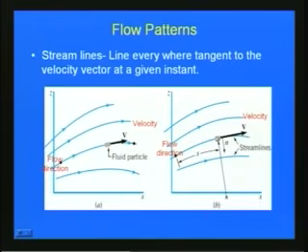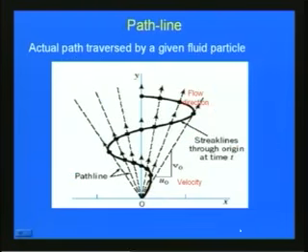Streamlines as such are not physical lines, but this concept can be used to identify how the fluid flow is taking place, especially in theoretical analysis, for flow analysis or flow observations. Another important line is called the path line.